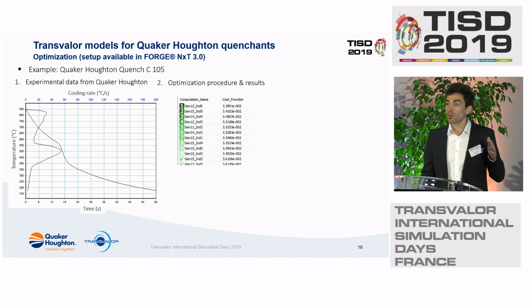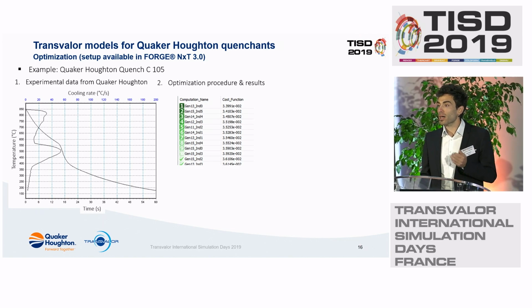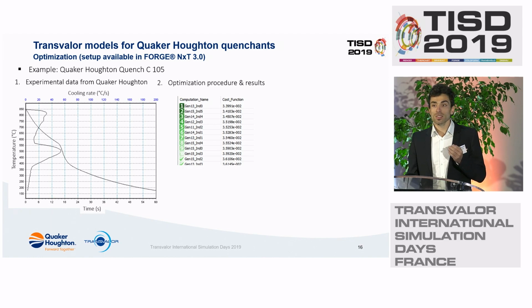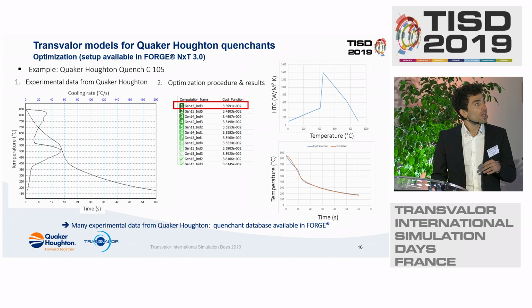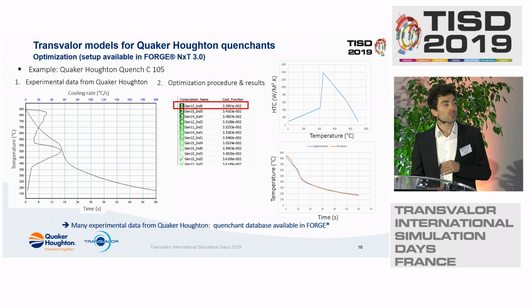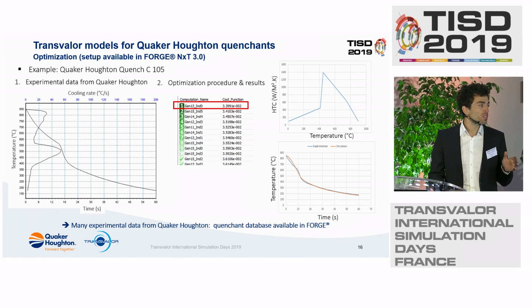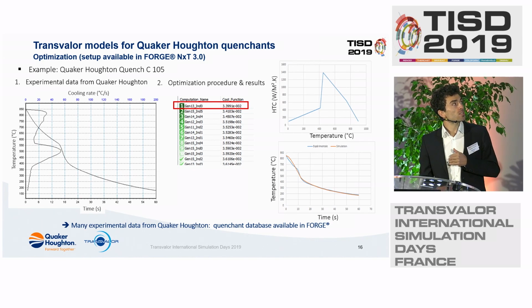Then the optimization is launched, and various solutions are classified by the cost function, which is simply a scalar that determines the difference between the experimental result and the simulation result. And for the best result, we have one heat transfer coefficient curve and a good fit between the simulation and the experimental data.